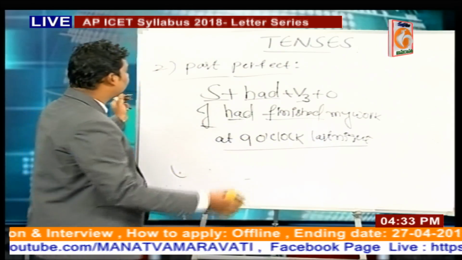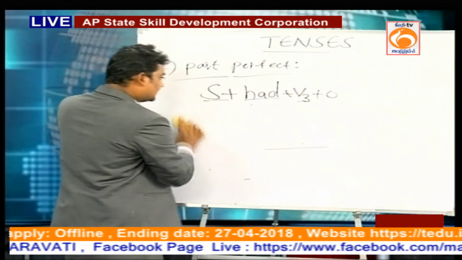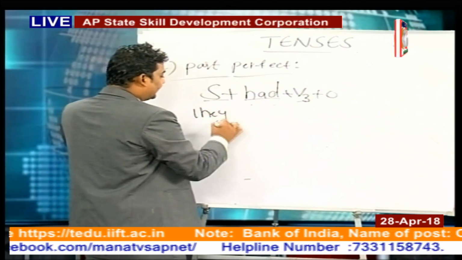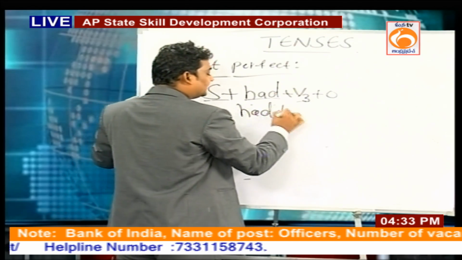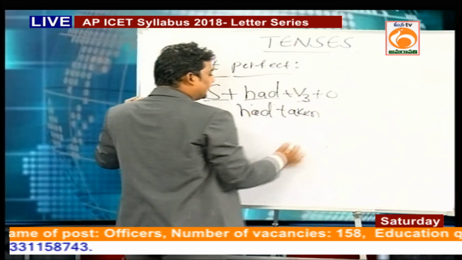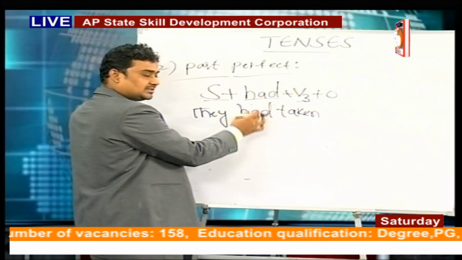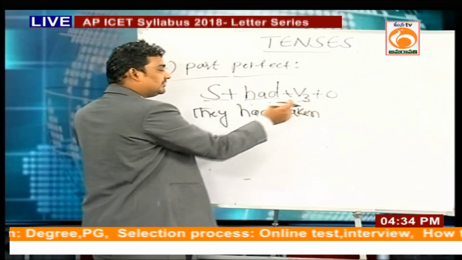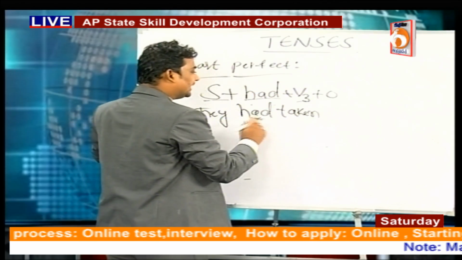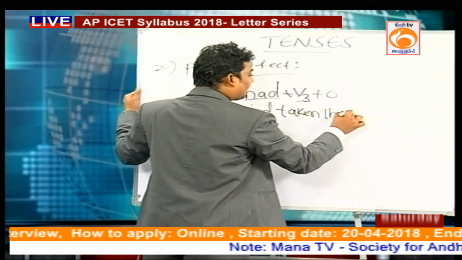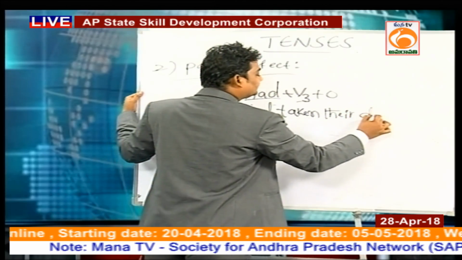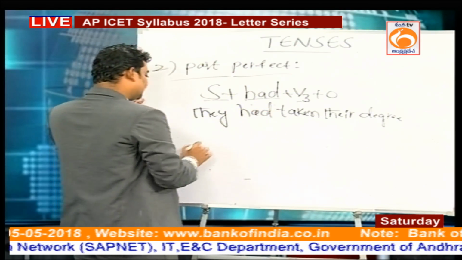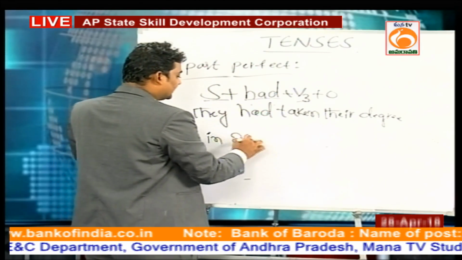One more example for past perfect tense: They had taken their degree in 2010. There is the subject, had is the helping verb, and taken is the V3 form, take, took, taken, the past participle form.